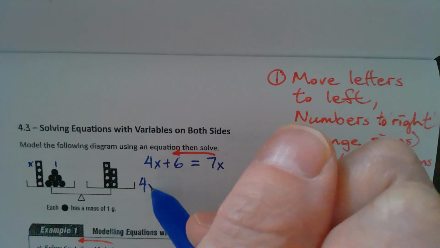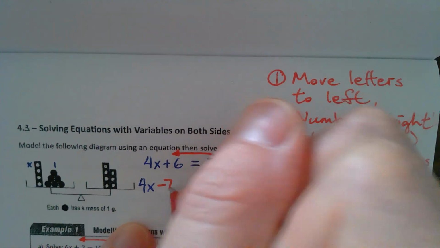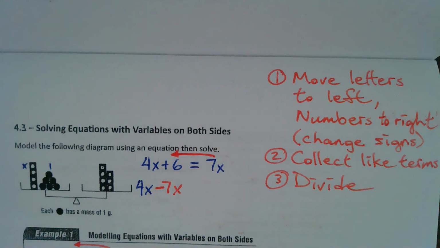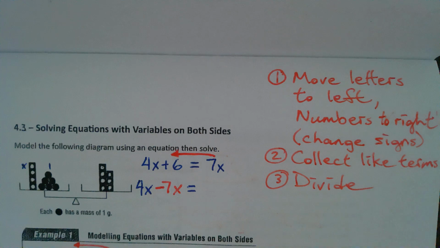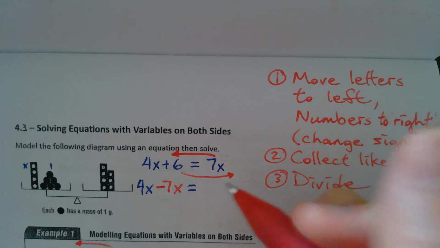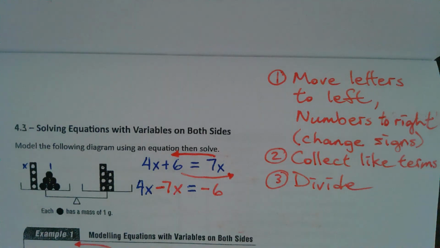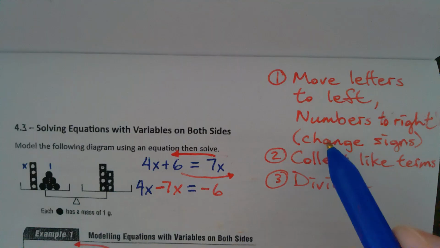No, so I leave it. Okay, and then the 7x, as was said, becomes negative 7x. What about the 6? When I move it over to the other side, it becomes, Kavya? Negative 6. That's right. Okay, I did my first step.